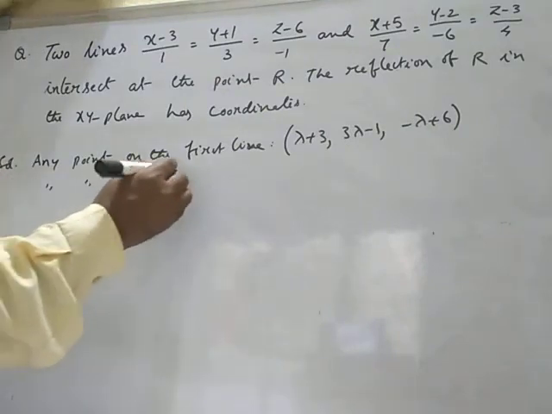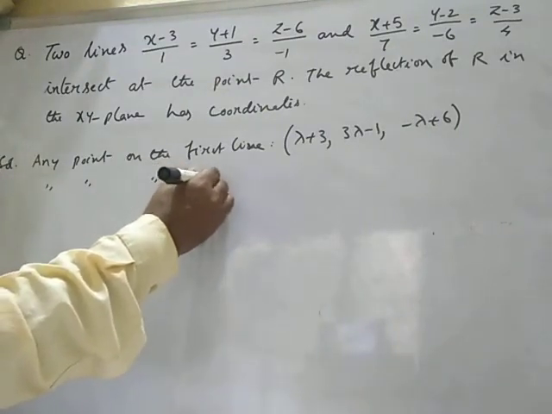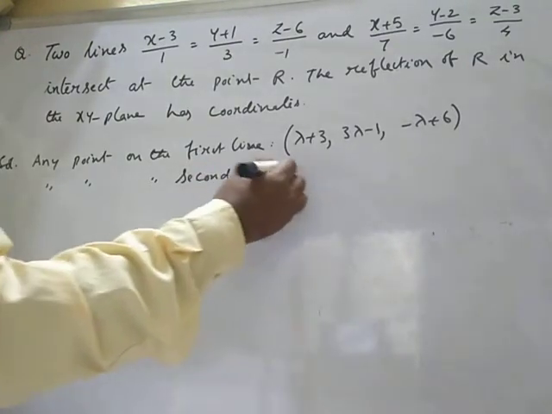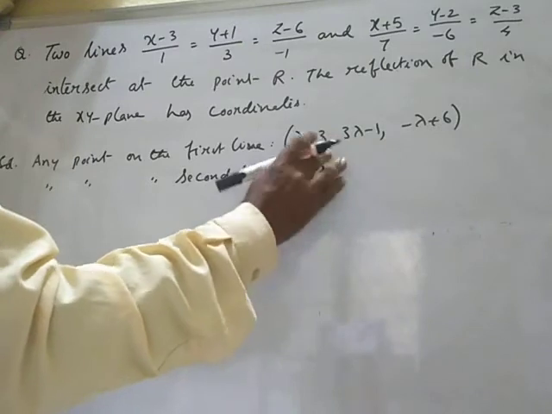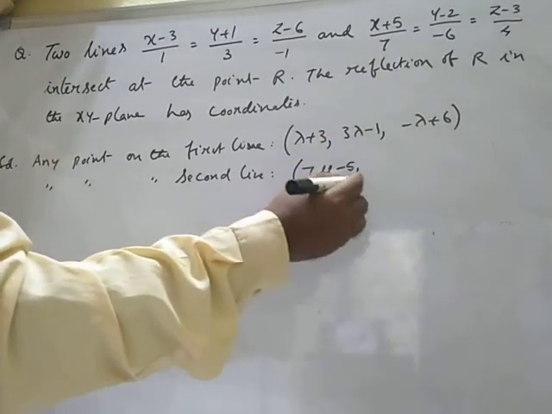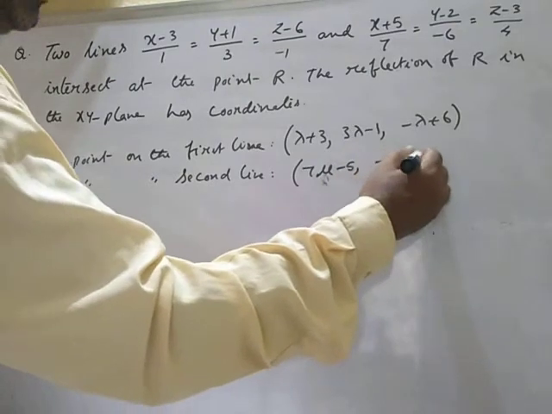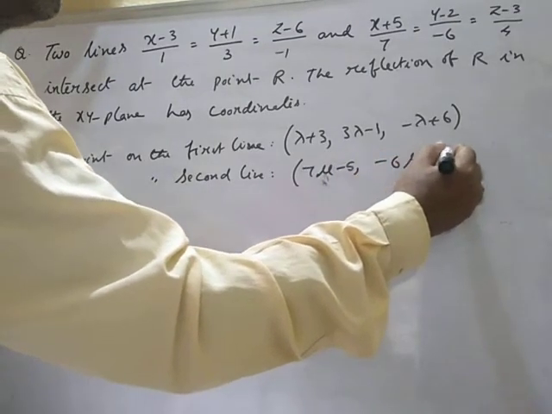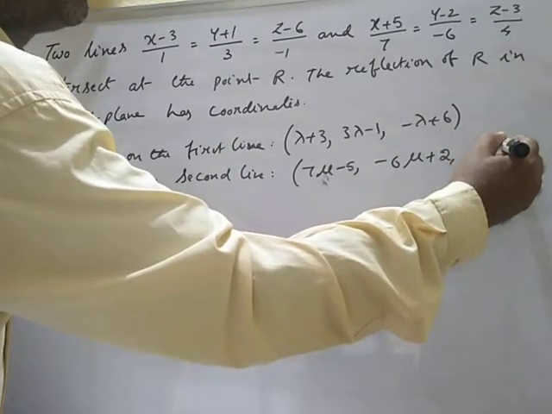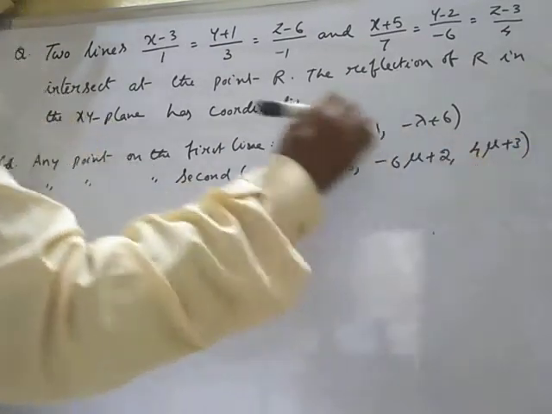Any point on the second line is (7 mu minus 5, minus 6 mu plus 2, 4 mu plus 3).